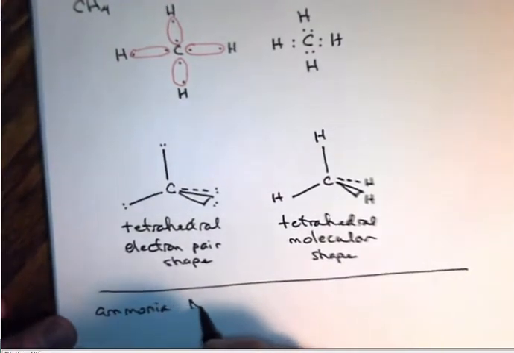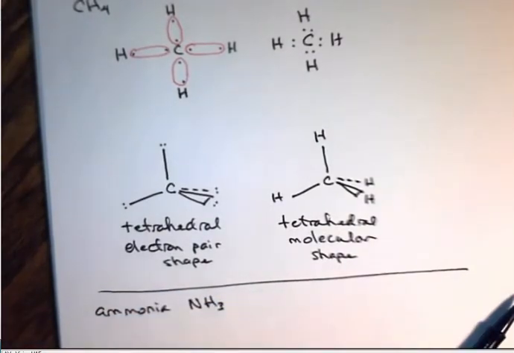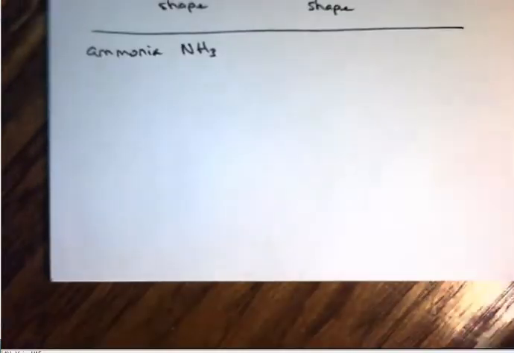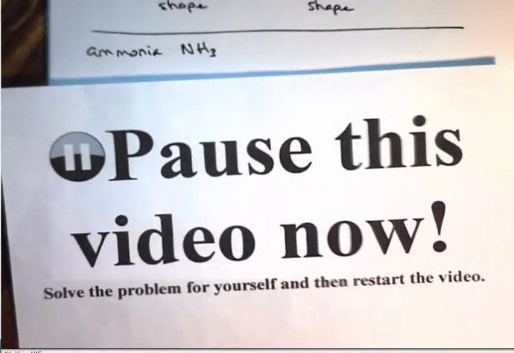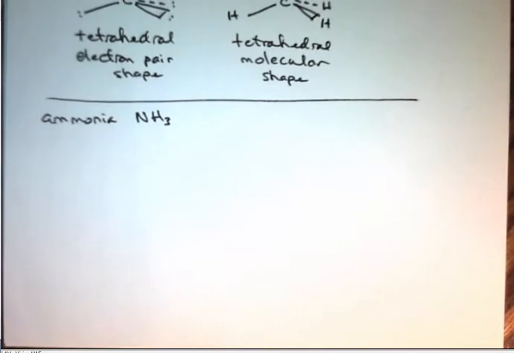So let's do then ammonia. And that's NH3. By the way, when I say ammonia, you need to know that's NH3. That's just something you have to memorize. Okay, let's take a look at this then.